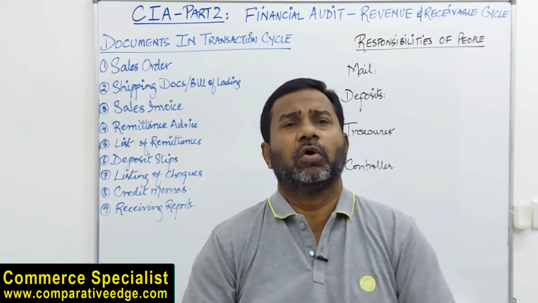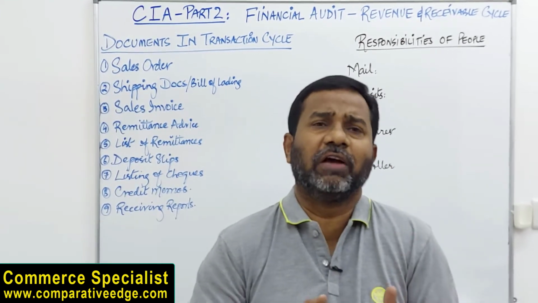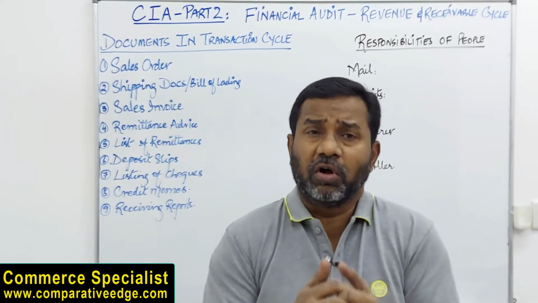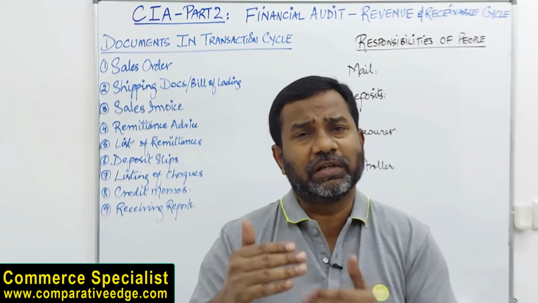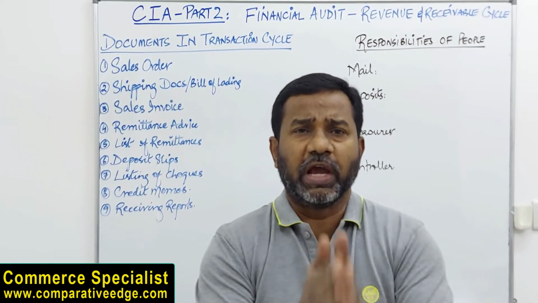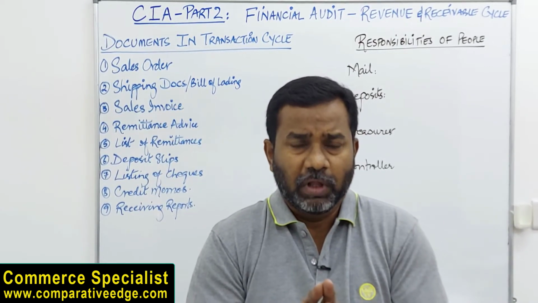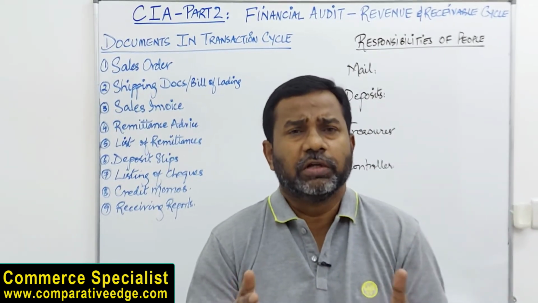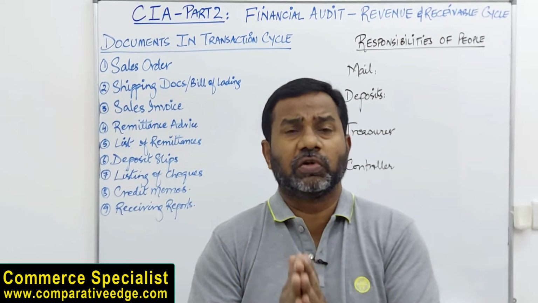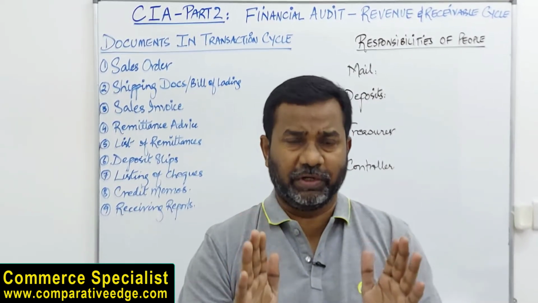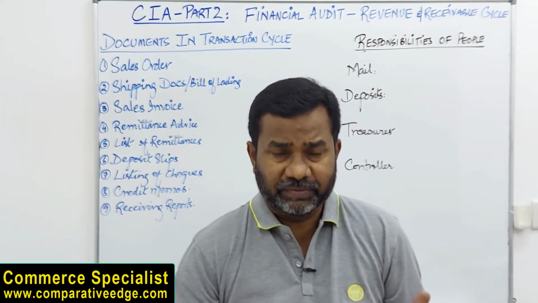If it is an overseas shipment, then obviously you will have a bill of lading, which is an important document, which has all the details showing that the goods have been handed over to the carrier. If it's an internal shipment, you may have some courier documentation showing that the goods were actually delivered to the customer. The goods were actually dispatched from the company. So it's not a fictitious sale.